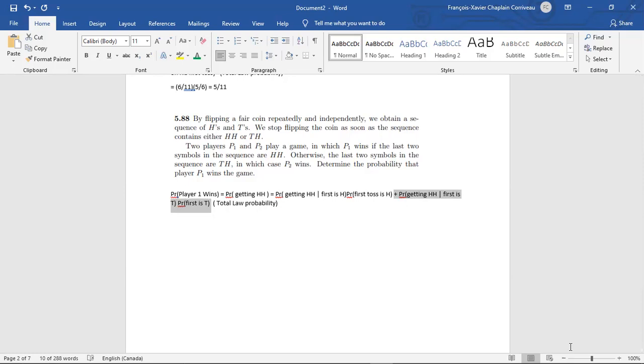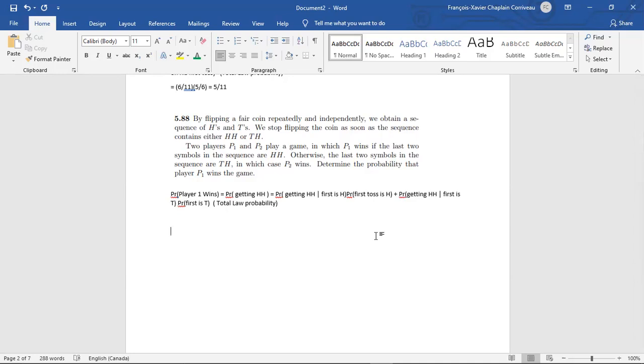You could flip a bunch of tails, but as soon as you flip one tail, if the next thing you follow it with is a head, then it's over for player two. But I'm trying to see if that's actually the intent of this question. I think so, right?